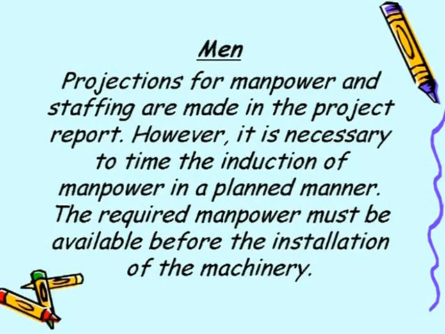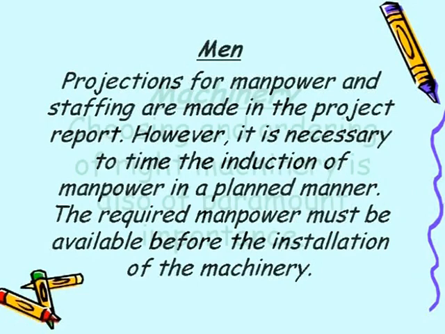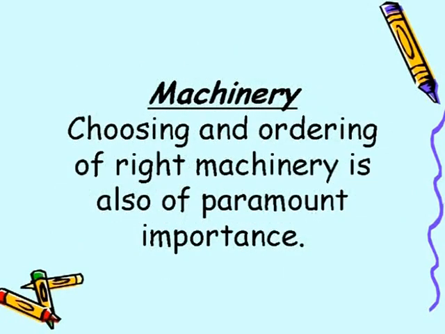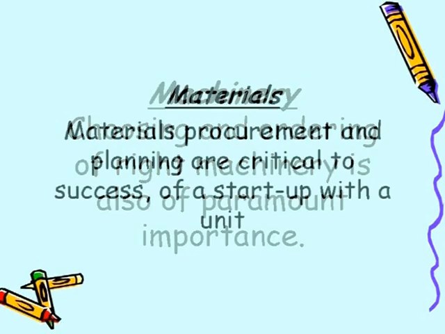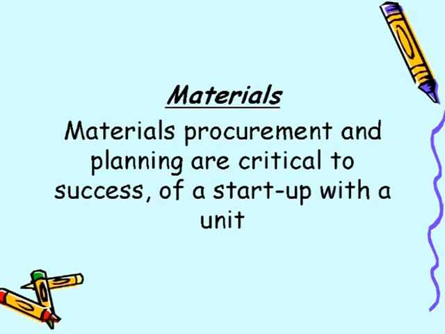The required manpower must be available before the installation of the machinery. Machinery. Choosing and ordering of right machinery is also of paramount importance. Materials. Materials procurement and planning are critical to success of a startup with a unit.